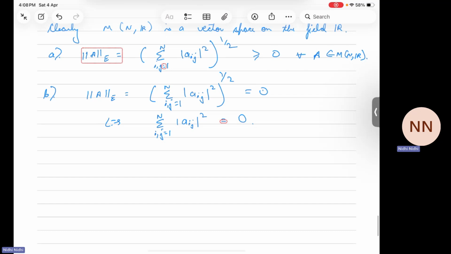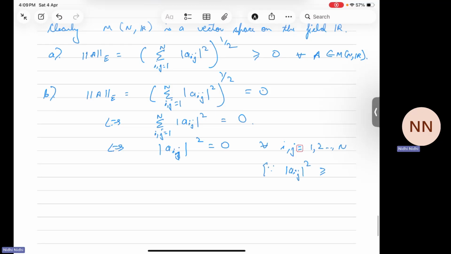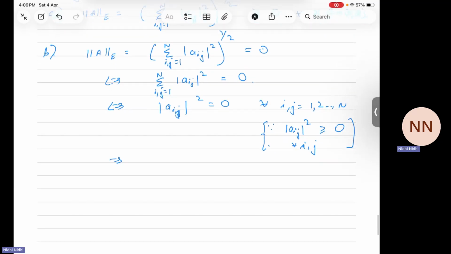So therefore this happens if and only if mod a_ij squared is equal to 0 for every i, j from 1 to n. Why? Because mod a_ij squared is greater than or equal to 0 for every i, j. Now this happens if and only if a_ij is 0.